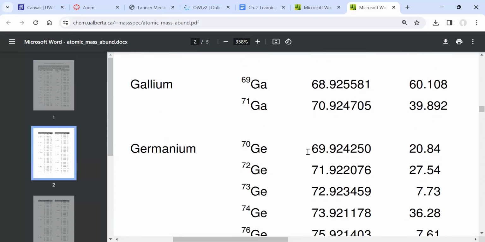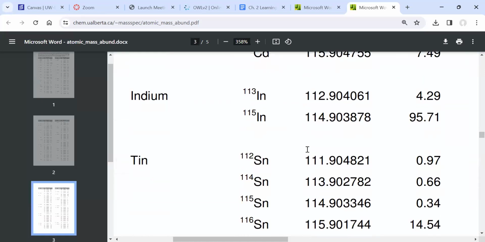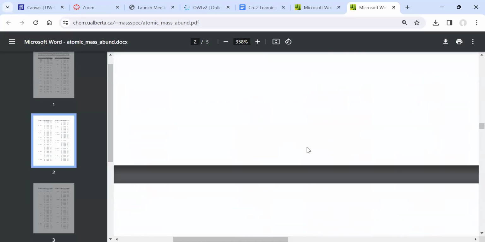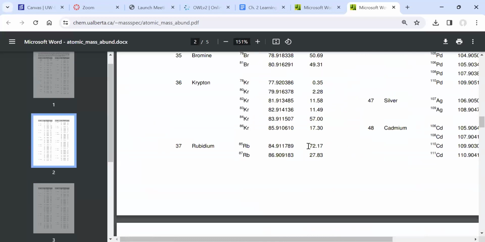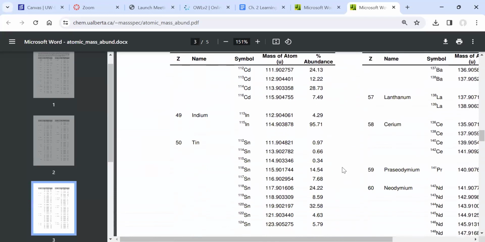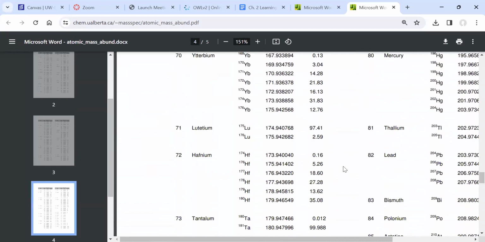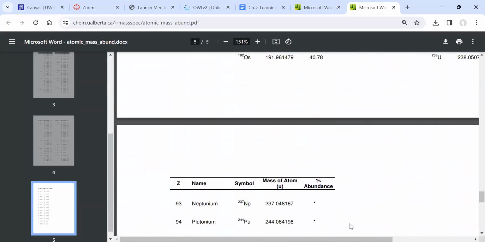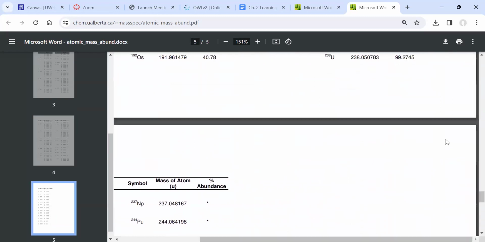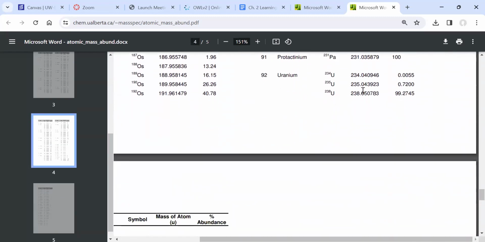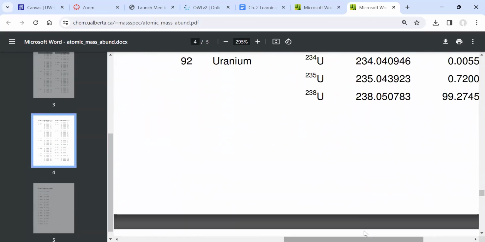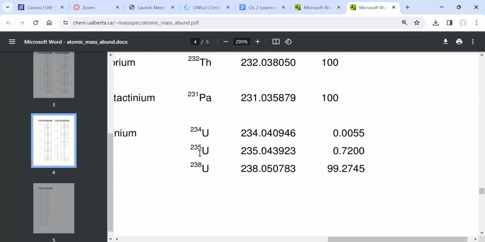Now, the big one that we talked about was, to make the bomb, we needed uranium. And let's see if I can get to that. Yeah, here we go. So here's where the uranium number comes from. There are 3 isotopes. And we needed uranium-235, right? Which is only 0.72% of the uranium.